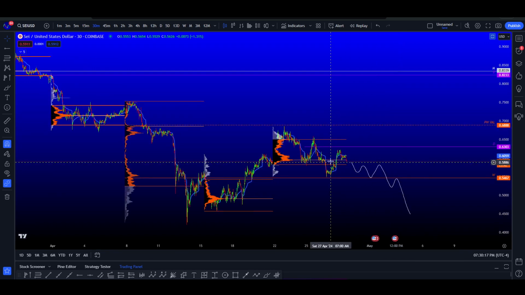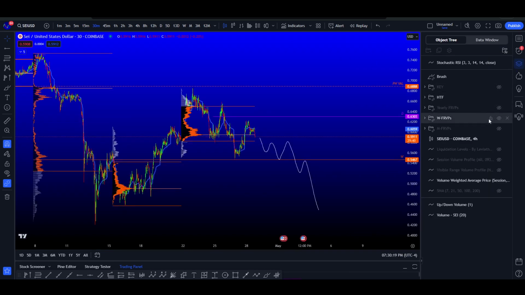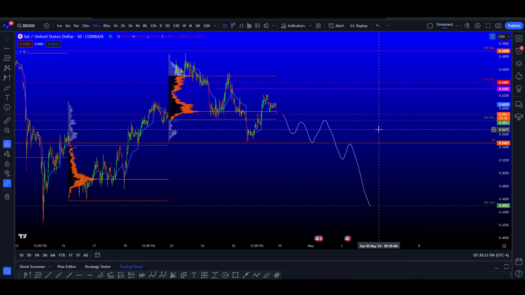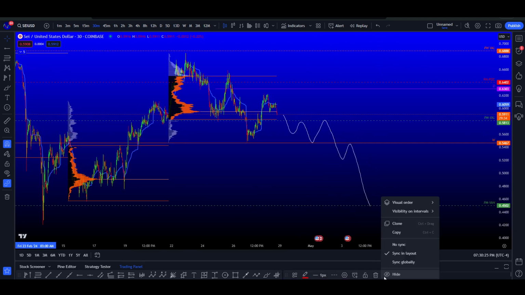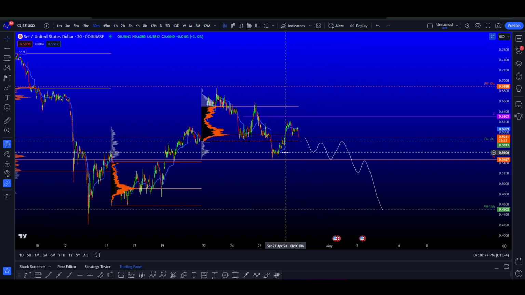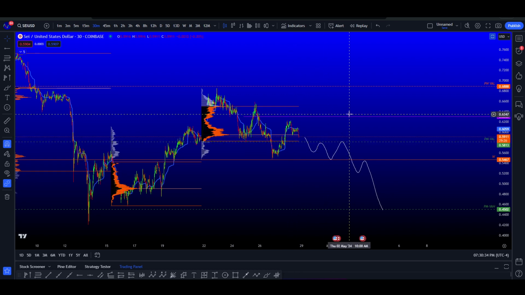So in terms of the weekly levels, I'm actually gonna turn on the monthly as well because it's not too much noise, right? So we have the weekly levels. Let me go ahead and hide this. Right, so the monthly, previous month value area low is also lining up with this week's value area low too as well, which is very interesting.